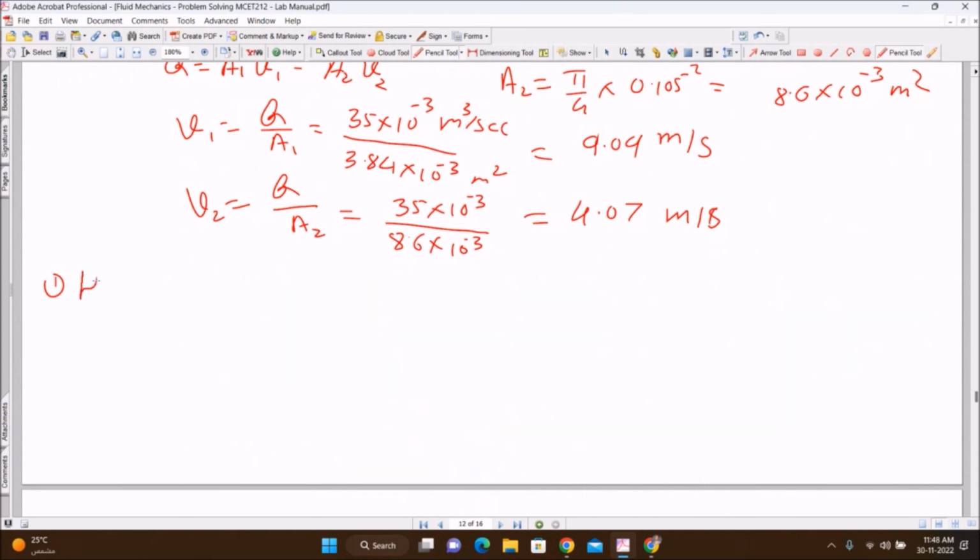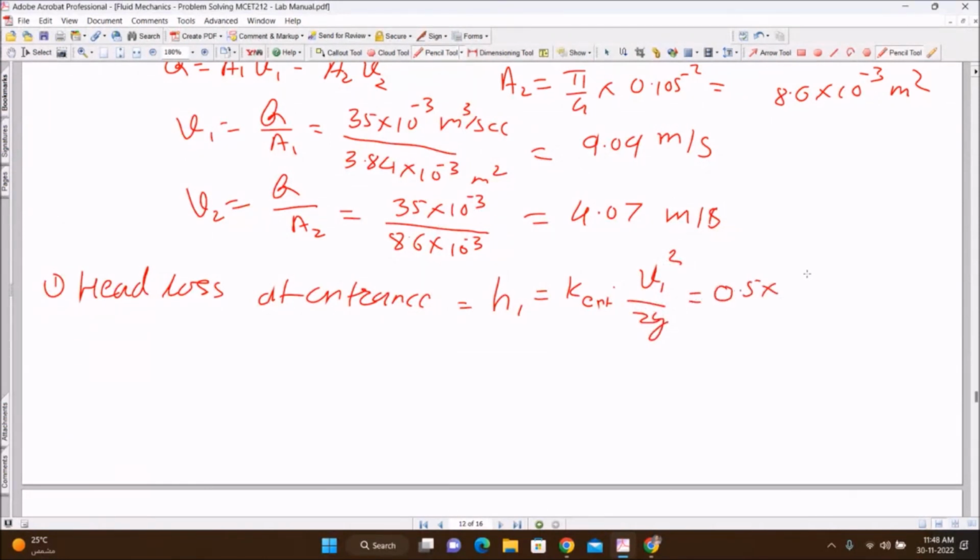Number 1, head loss at entrance is equal to H entrance is equal to H1 is equal to K entrance into V1 square by 2G, which is equal to 0.106 meter of water.